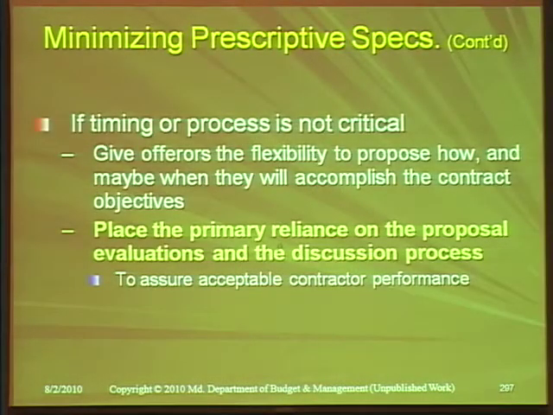Again, we're in the context of performance-based contracting, which means we're in the context of evaluated procurements, either at the very least multi-step sealed bidding or most particularly competitive sealed proposal. So that's where we're emphasizing to minimize specifications and maximize what you're going to evaluate.